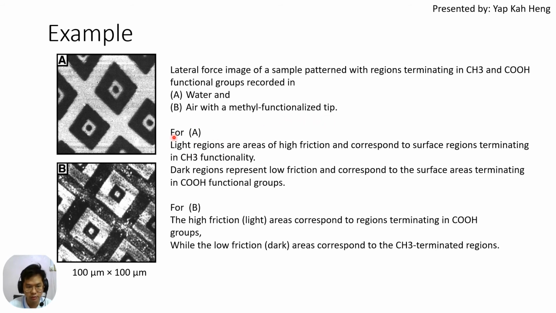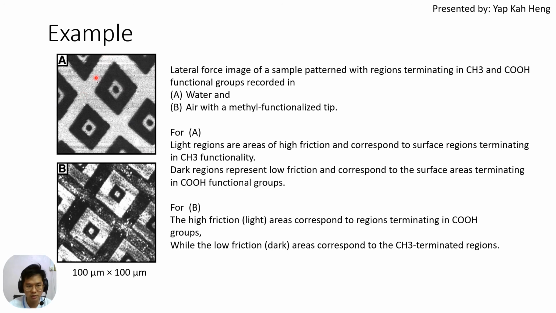So for A, the light regions are areas of high friction and correspond to the first surface region terminating in CH3 functionality, and the dark regions represent low friction and correspond to the surface areas terminating in COH functional group. So this is figure A.